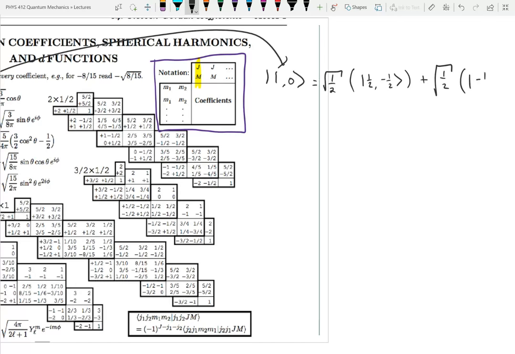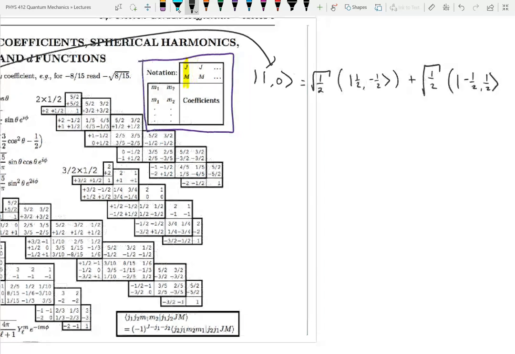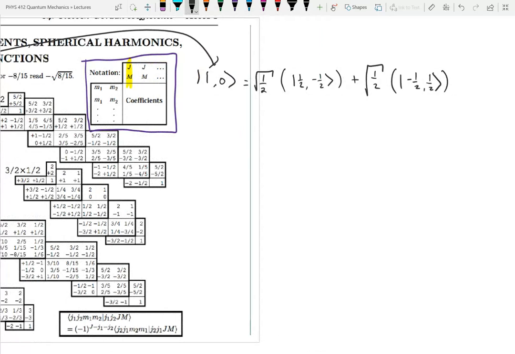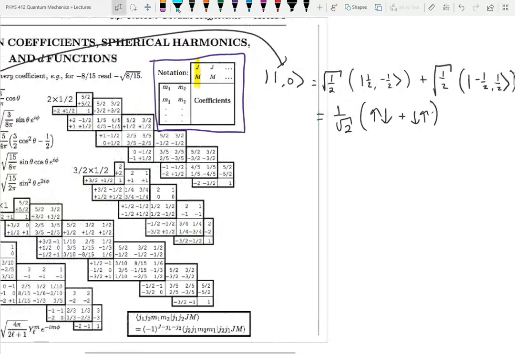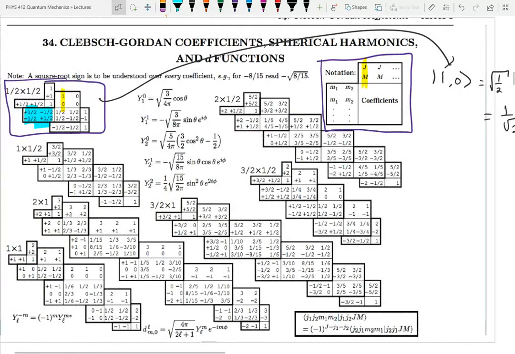And then the next one is minus 1/2, 1/2. Or as we would more normally write, since they both have 1 over square root of 2, that's up, down plus down, up. So that's how you read it.